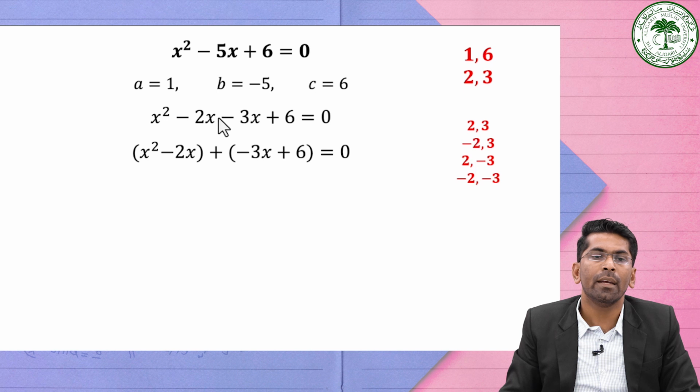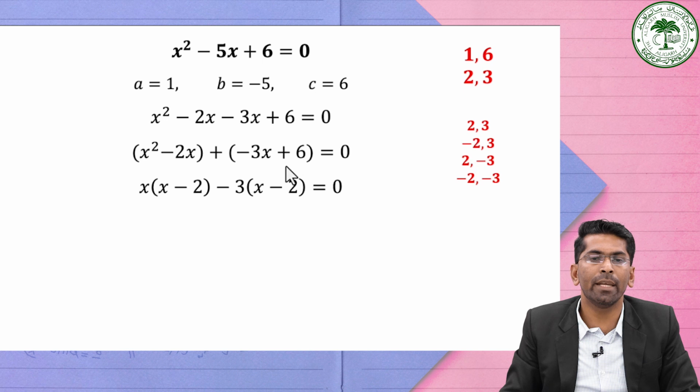We group x square minus 2x as one group, then minus 3x plus 6 as another group. So we have x square minus 2x plus minus 3x plus 6, which is equal to 0. Now there is a common term here, x is common. So I am taking x outside, and what remains is x minus 2.